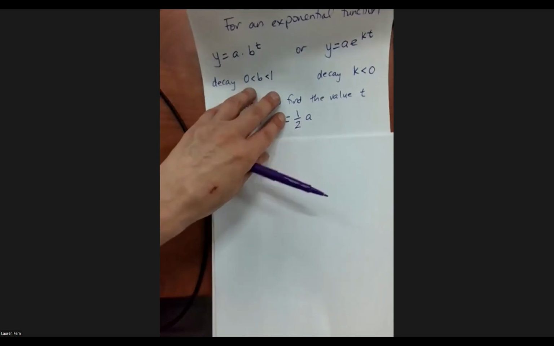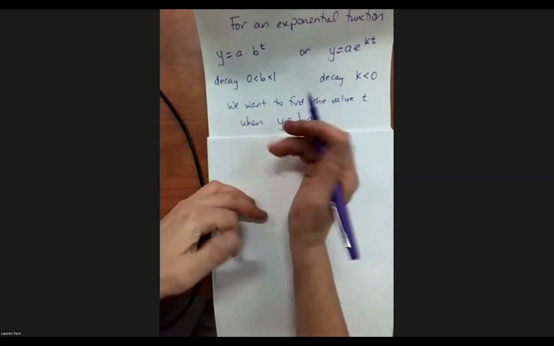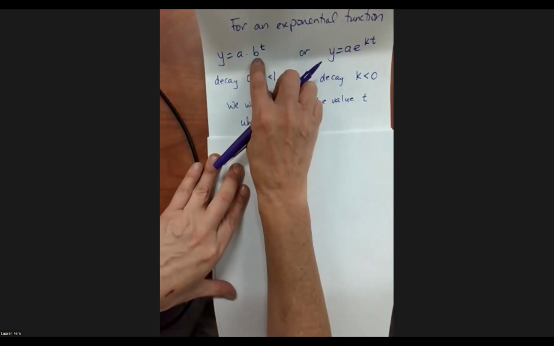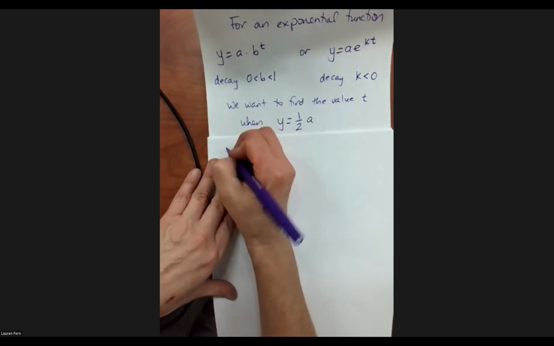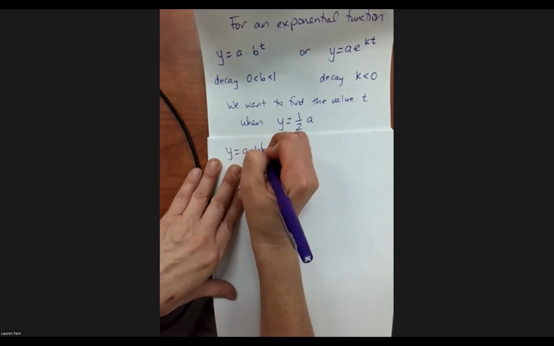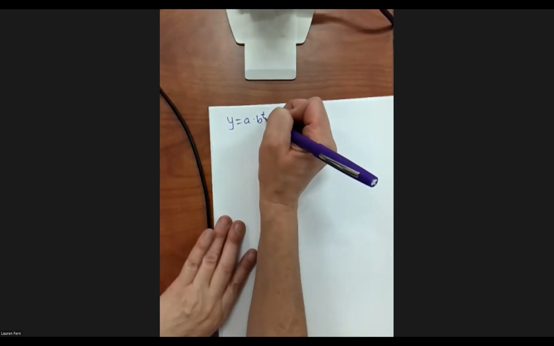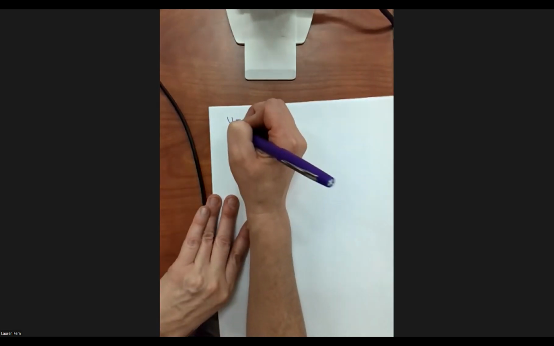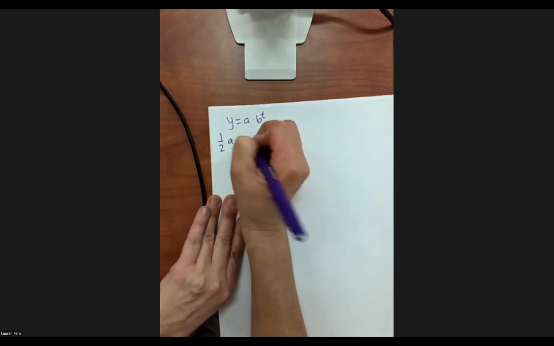Well, let's see what that looks like in each of these forms. In this form, we want to find the time, t. So for y equals a times b to the t, what we're looking for is the time t so that the amount of substance we have is 1/2 of the initial amount.